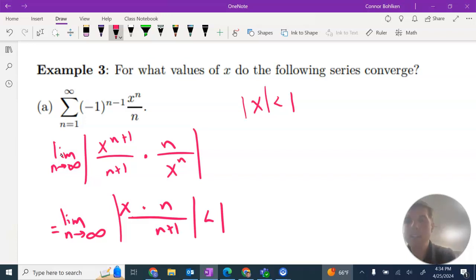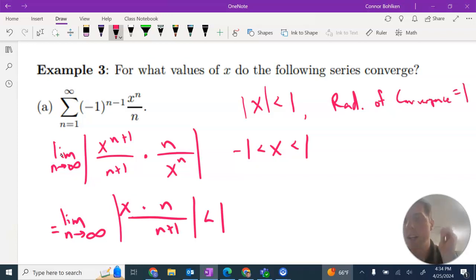But then based on that absolute value, you could say, okay, -1 less than x less than 1. That's considered the interior interval of convergence. So my radius of convergence is 1. My interior interval is from -1 to 1. But now I need to test endpoints.